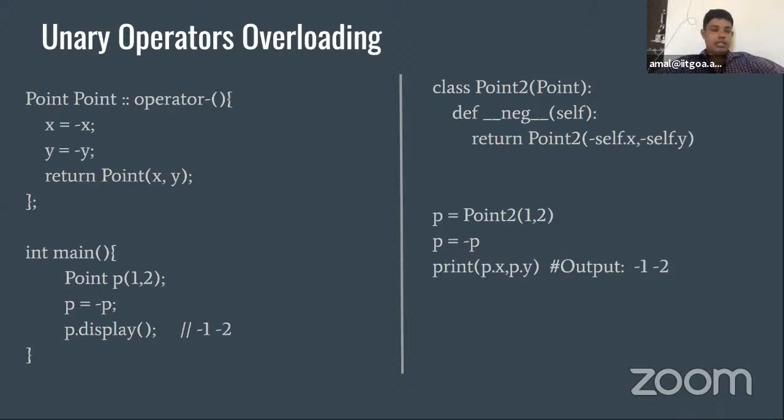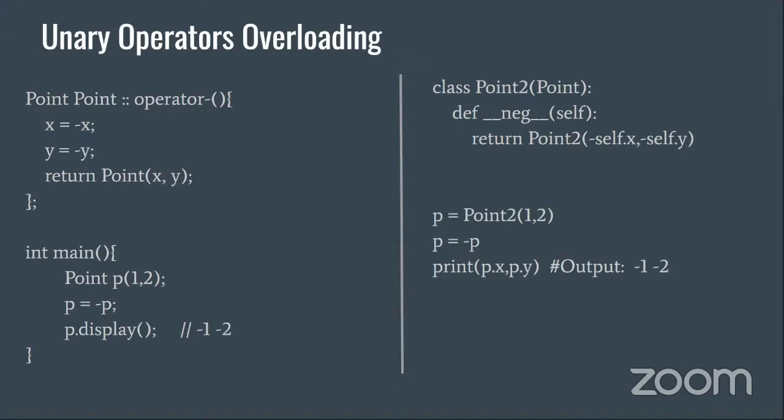I have a doubt about this example also. You are already negating x equal to negation x and y is equal to negation y, and then you could just return this. Which one, sir? In the main class object, we define point in that way. In the main class object. Yeah, but you don't need to return anything. Even if you want to return something, you could return this object itself.